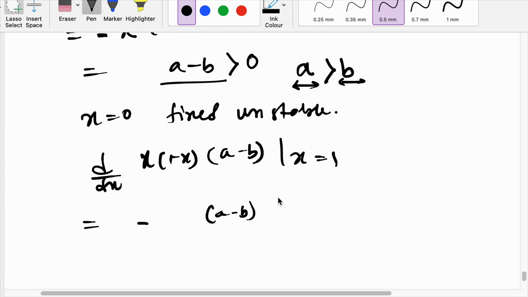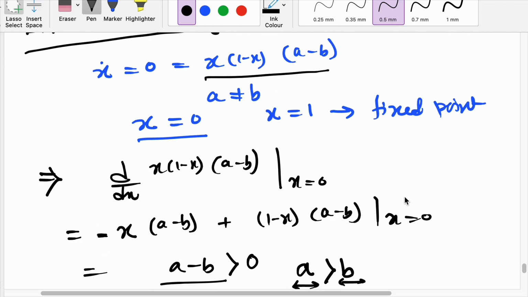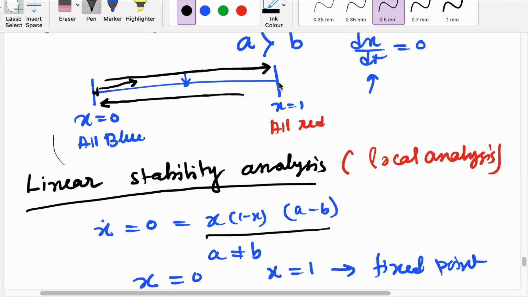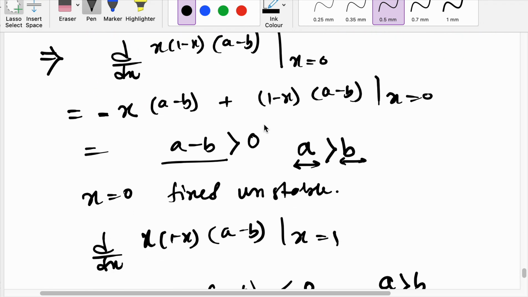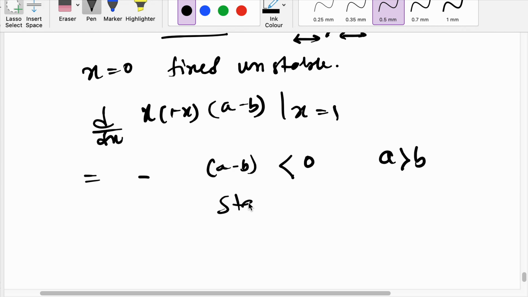Now since it is less than 0 when a greater than b, x equal to 1 is a stable fixed point.